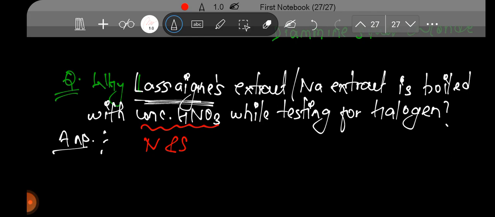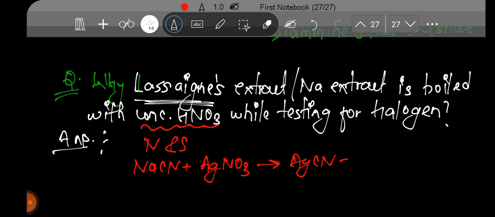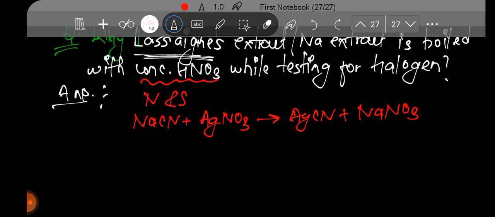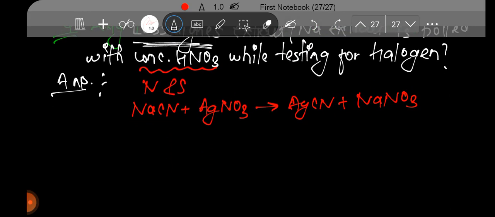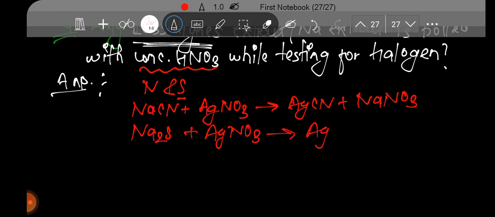If there is nitrogen, it gives NaCN, which reacts with AgNO3 to give AgCN plus NaNO3. If there is sulfur, it gives Na2S, and Na2S plus AgNO3 gives Ag2S plus NaNO3.